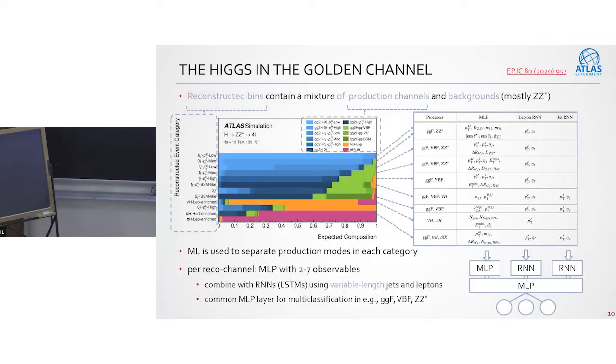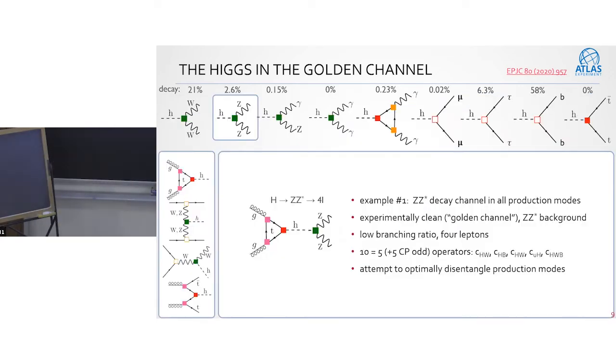The strategy of the analysis is the following. It defines a bunch of reconstructed event categories. These are listed here, and then it groups different production modes. So the idea of the analysis was, let's look at the Higgs to c c-bar because that's clean.